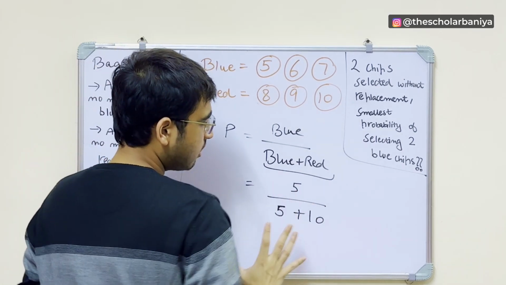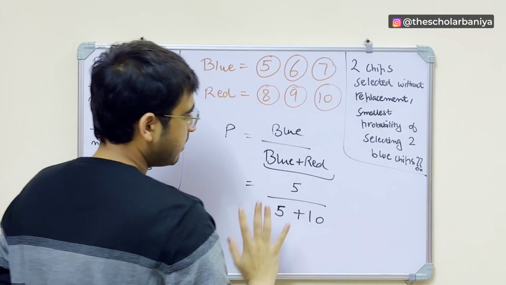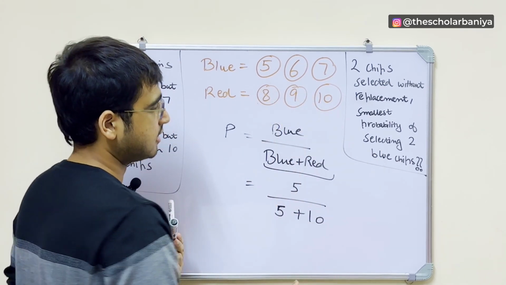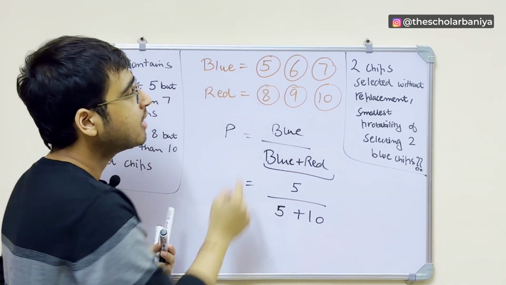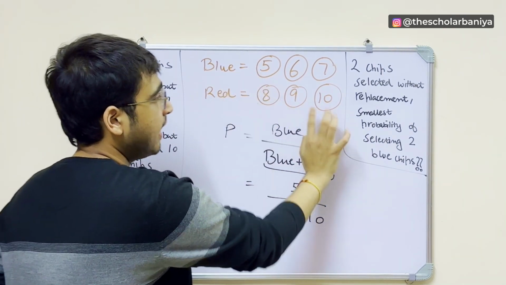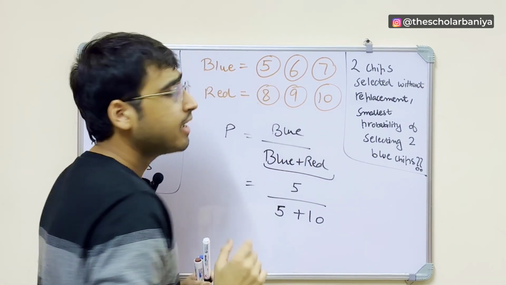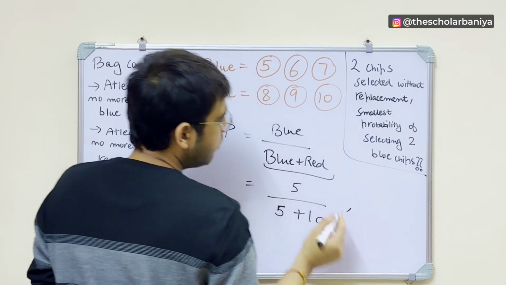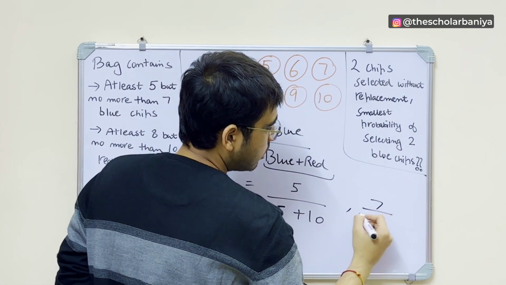So this is not the probability, I'm just talking about the case. What case do you have to take? You should take blue to be 5 and red to be 10. If in case you have any confusion, you take the other case, which is 7 upon 7 plus 10.